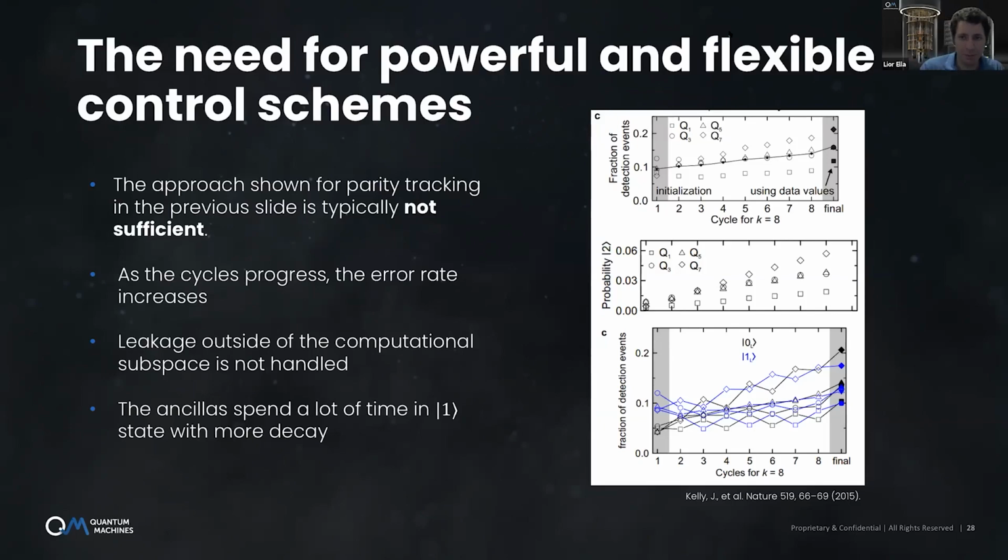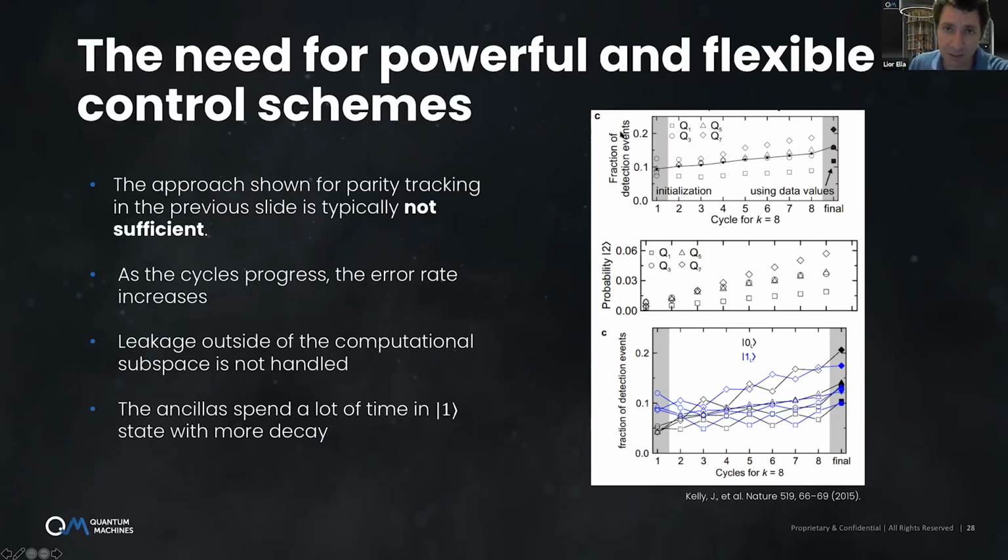For example, there is leakage to the F state, or the 2 state, among other things. Here we're summarizing different things that actually go wrong in this experiment. The first one, and this is all taken from a Google paper that was the first to implement this protocol exactly.